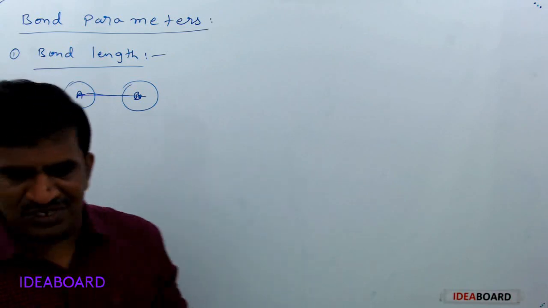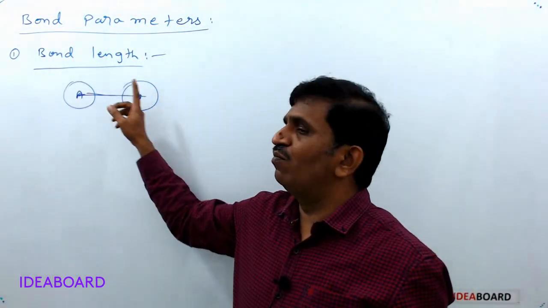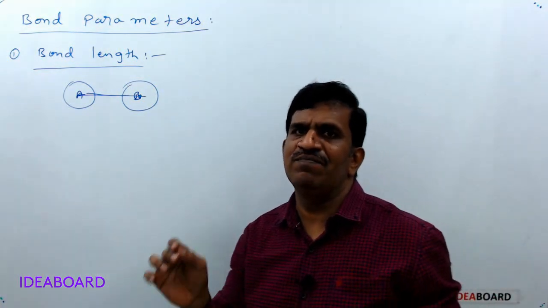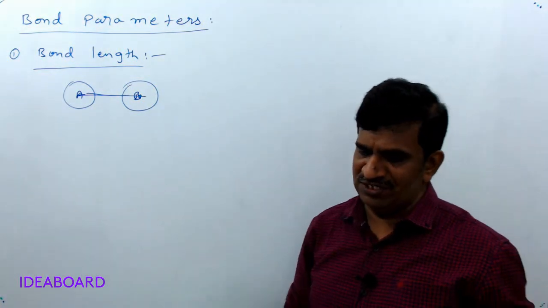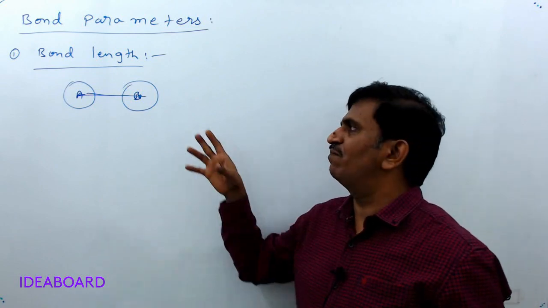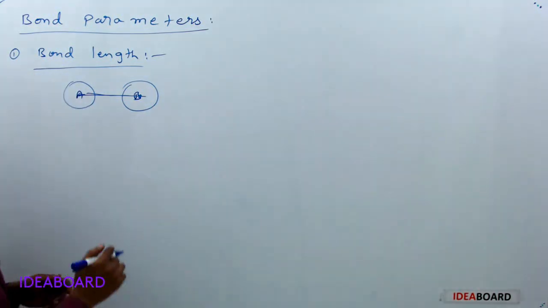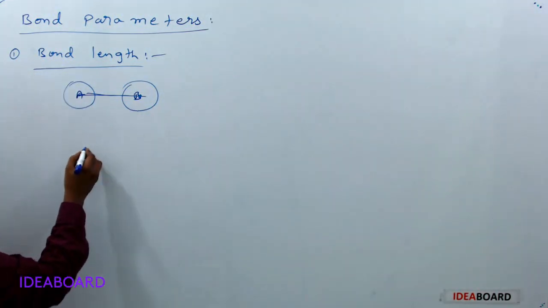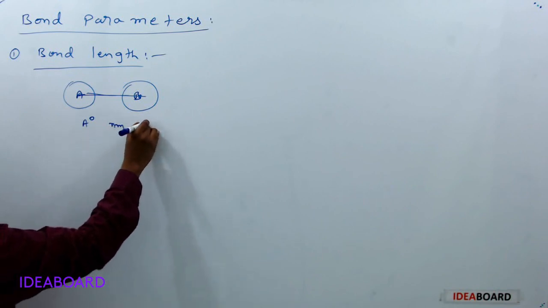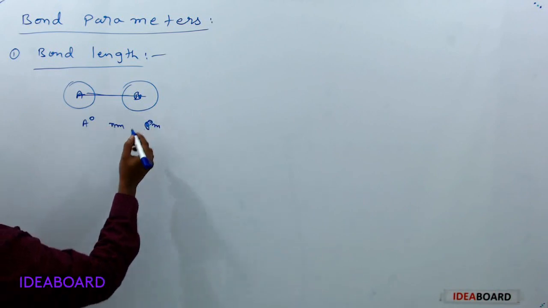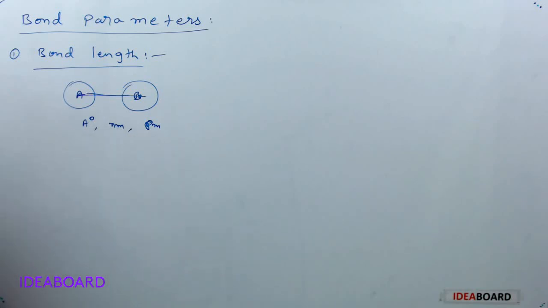So the approximate or average distance between the nuclei of two bonded atoms is simply called bond length. It is measured in angstrom units, nanometers, or picometers.